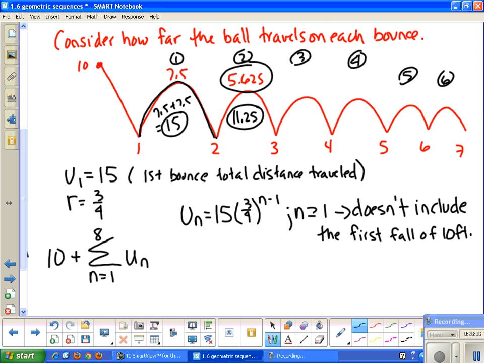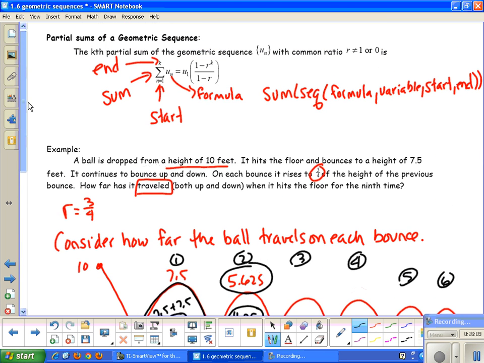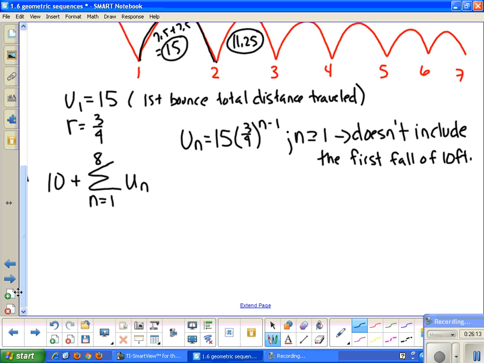So if we use the formula that we had up above, we can find what that total is going to be. It's going to be equal to 10 plus, and then the formula.